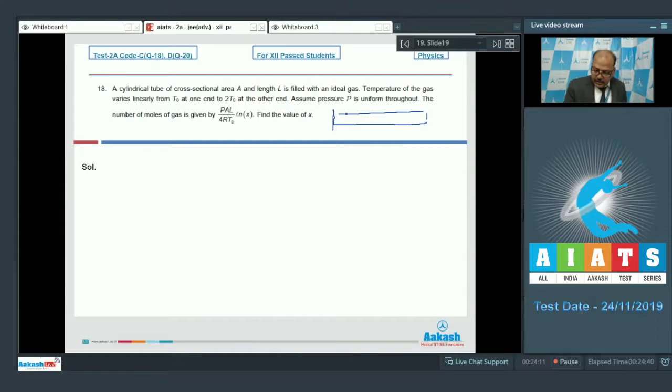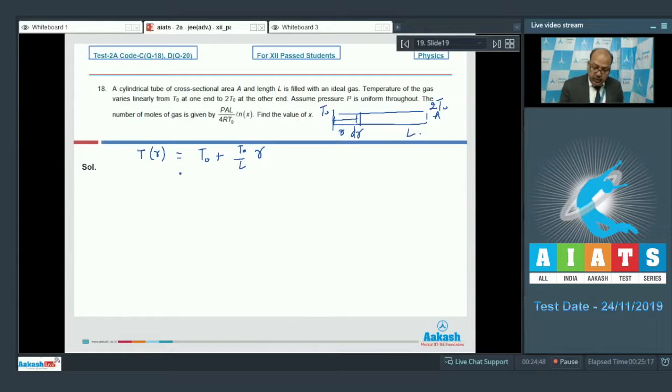Let's say this distance is R. We take an element of width dr. Area of cross section, of course, is A. So within this, the temperature on this side is T0 and temperature on this side is 2 T0 and this length is L. We can see that temperature varies linearly, so temperature T as a function of R can be written as T0 plus (2 T0 minus T0) by L, that means T0 by L into R.